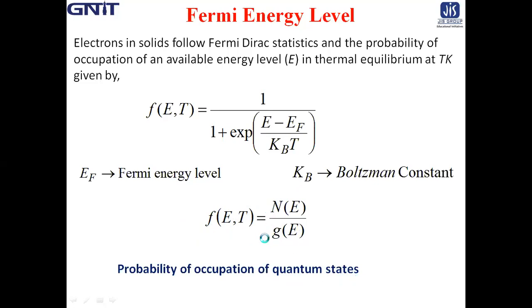What are g(E) and N(E)? g(E) is the density of states function, that is, the number of quantum states per unit energy per unit volume, and N(E) is the number of particles per unit energy per unit volume occupying the quantum states.